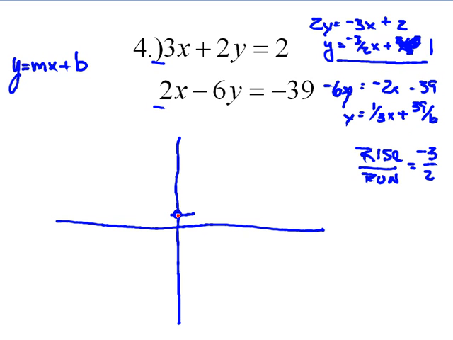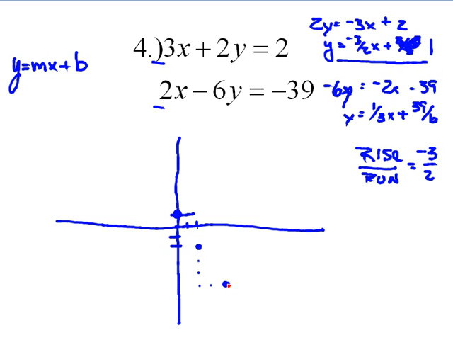So we start here at the y-intercept. We go down 3. 1, 2, 3. And we go over in a positive direction, 2. 1, 2. So down 3, over 2. That is our next point. We go down 3. 1, 2, 3, and over 2.